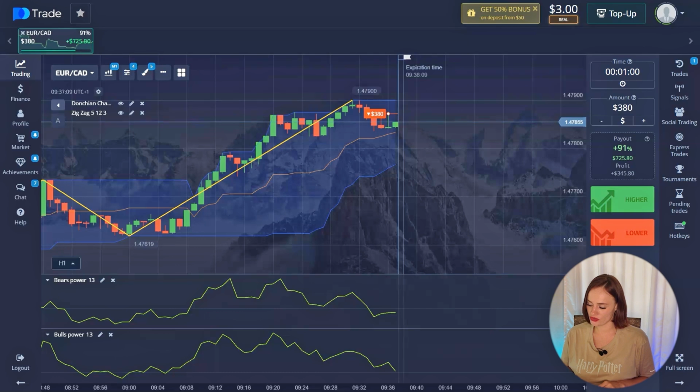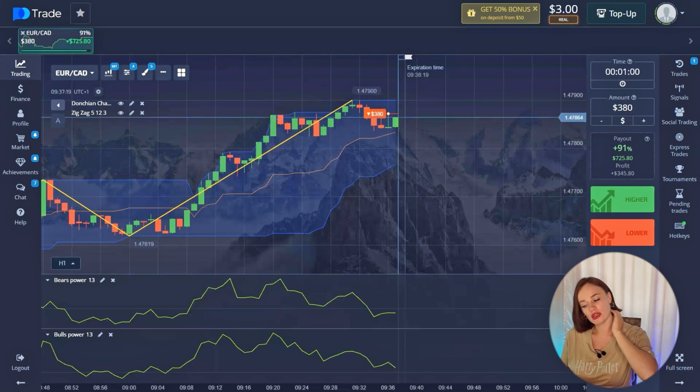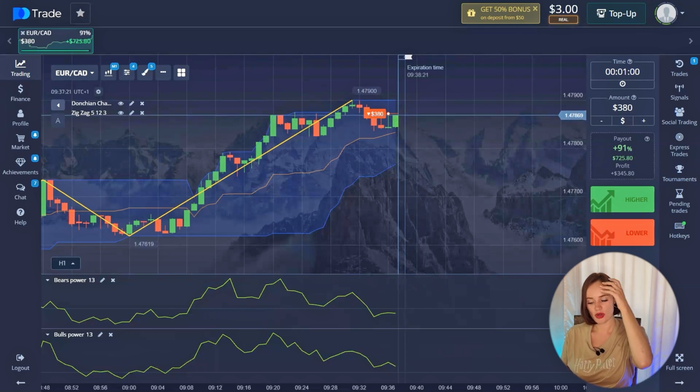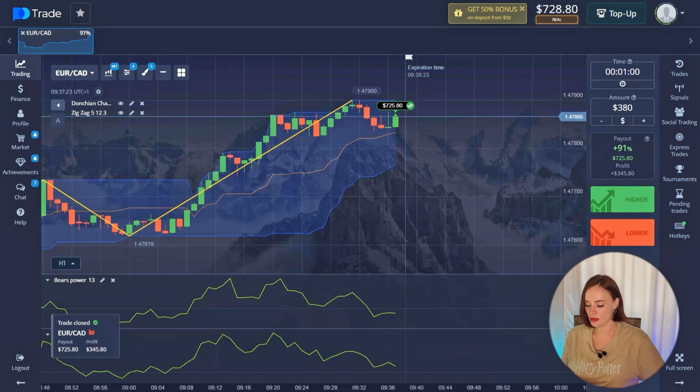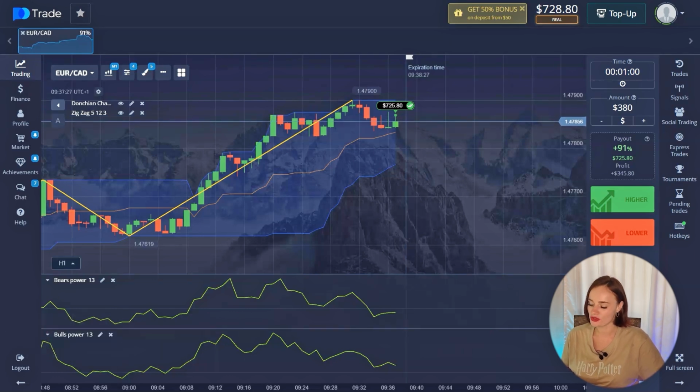But when the strength began to decline against this background, a new green candle was again approaching the entry point of the deal. The situation repeated itself, and again in my favor, having already added $345 to the balance. Deals are on the edge, but so far everything is fine.